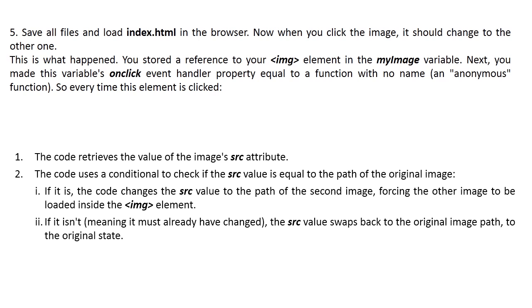The code uses a conditional to check if the source value is equal to the path of the original image. If it is, the code changes the source value to the path of the other image, forcing the other image to be loaded inside the image element. If it isn't, meaning it must already have changed, the source value swaps back to the original image path, to the original state.